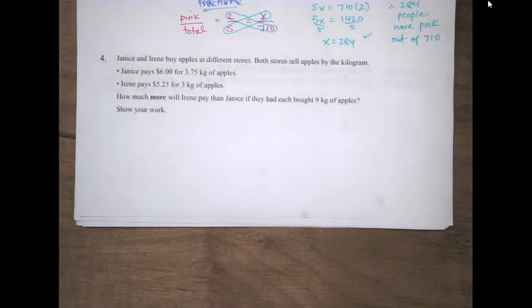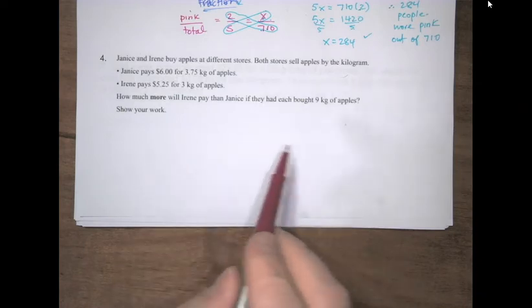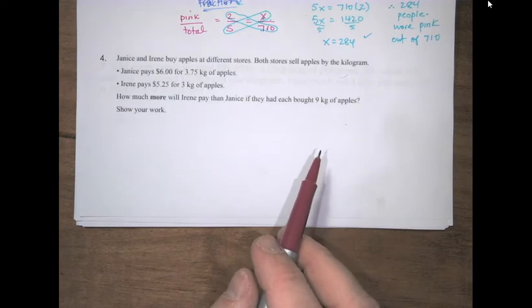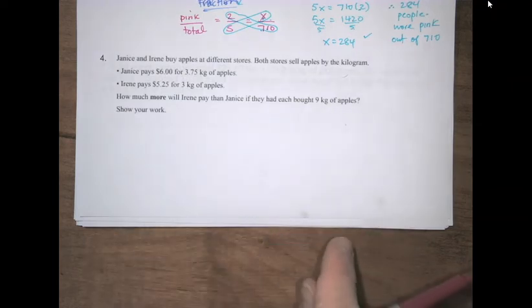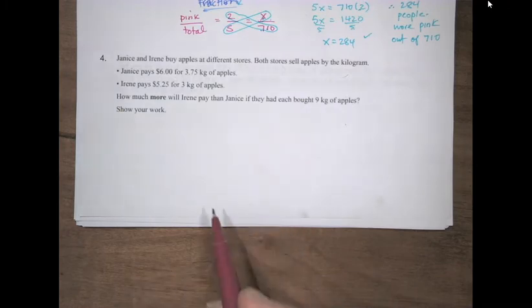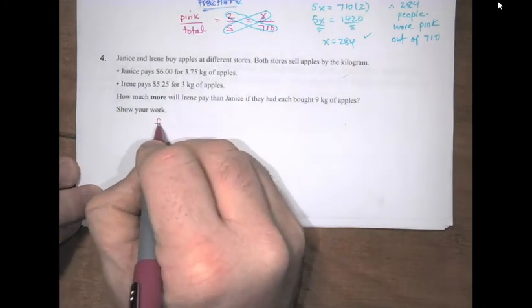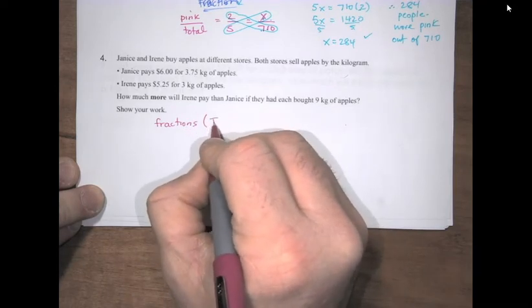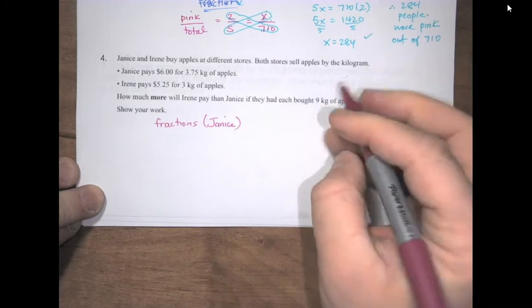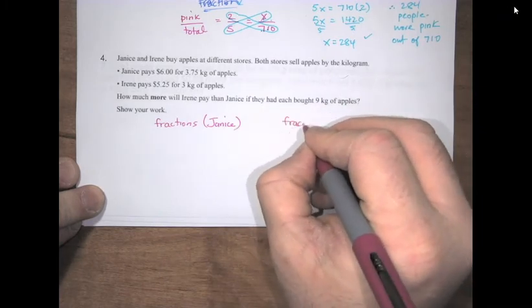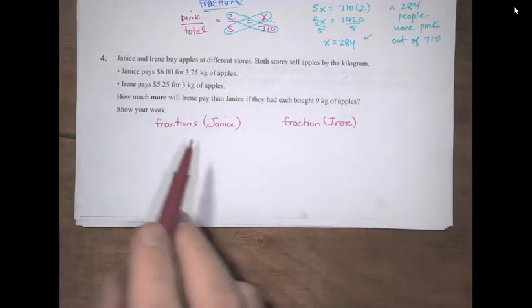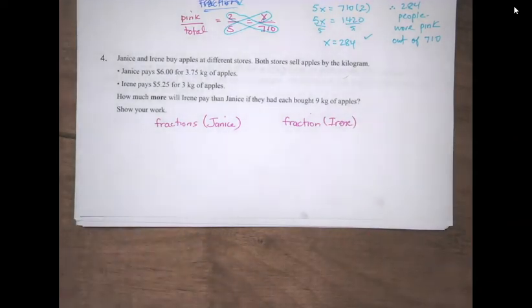And this is where, to show your thinking, sometimes you can do it in your head and then you kind of mix up where the numbers are. So it's not just a straight 1-to-1 answer. We may have to set up 2 fractions. All right. So we might have to think about what Janice did and what Irene did. Now, if I look at this, I'm comparing the same thing.